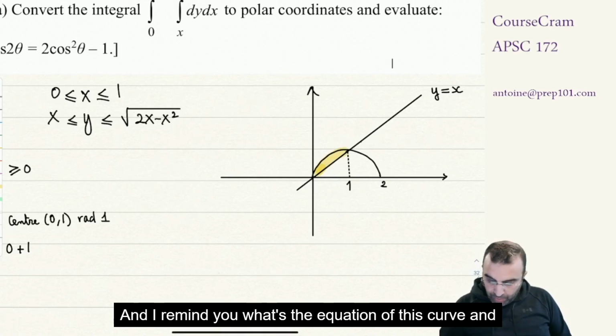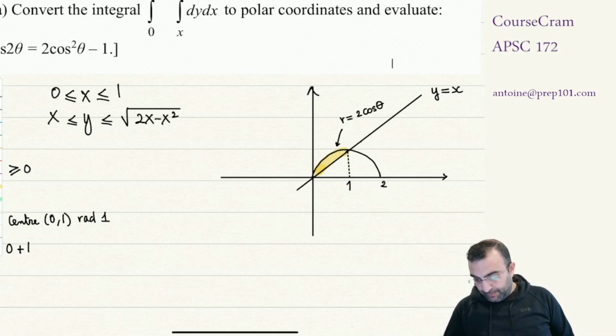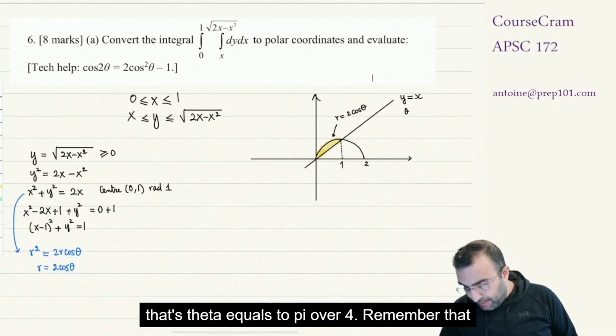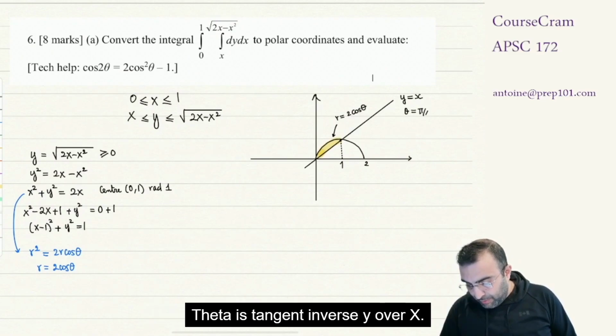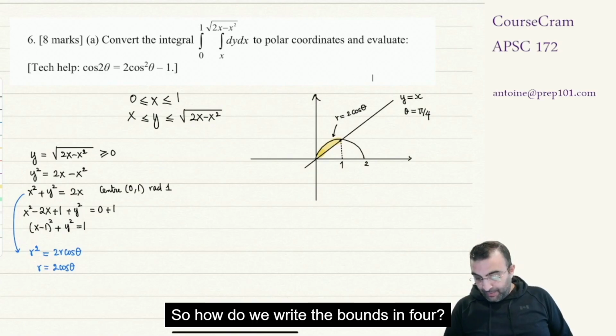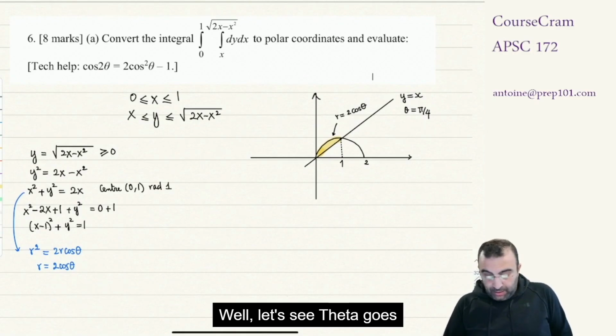And I remind you, what's the equation of this curve in polar? It's r is equal to 2 cosine theta. What's y equals x in polar, everyone? That's theta equals pi over 4. Remember that theta is tangent inverse y over x. So how do we write the bounds in polar? Well, let's see.